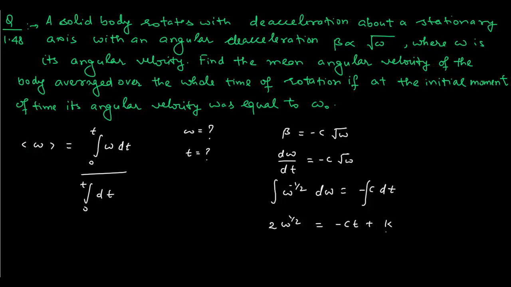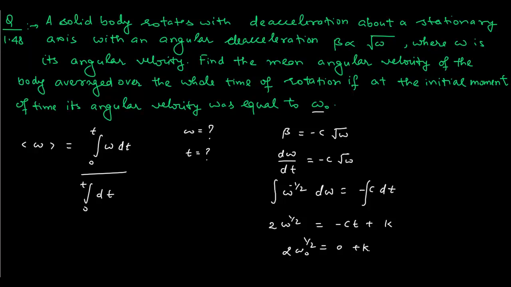Now what is this constant of integration? Using the initial value situation, at t is equal to 0 the initial angular speed is omega naught. So from here I can write at t is equal to 0, k comes out to be 2 omega naught raised to the power 1 by 2.